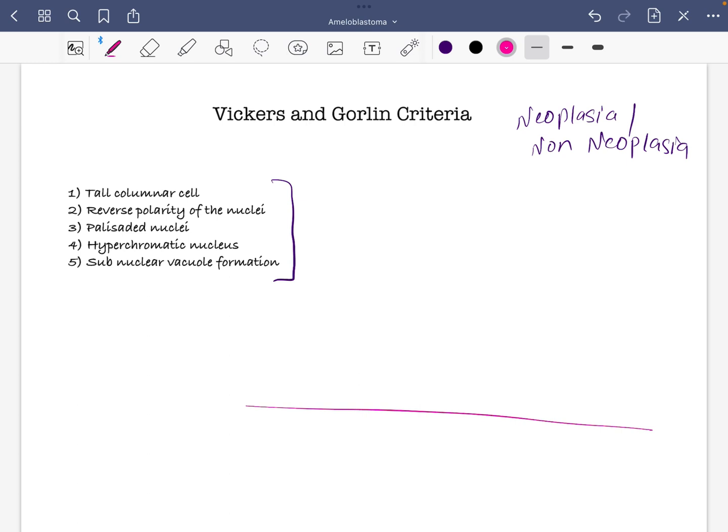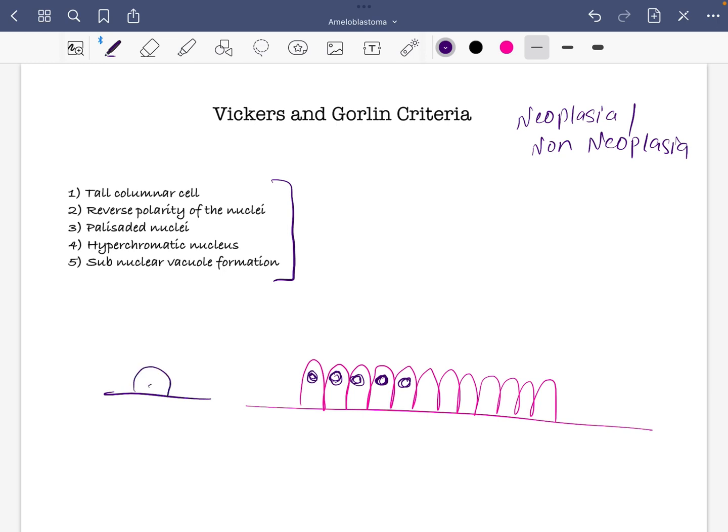If you see tall columnar cells in your basal layer which are arranged in a palisading pattern, and you see reversal of polarity of the nucleus. Reversal of polarity means this is what your normal cells look like, and the nucleus is always toward the basement membrane. If it's away from the basement membrane, it's a reversal of polarity.